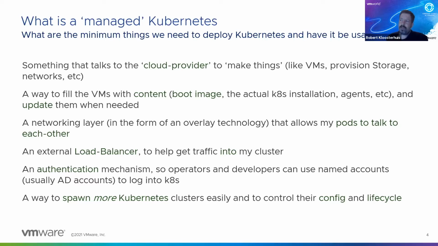And a little bit newer, this one, you might want a way of very easily installing or spawning more Kubernetes clusters. There are various ways of doing that, older ways and newer ways. And that's one of the key differences in how these TKG versions differ from each other.